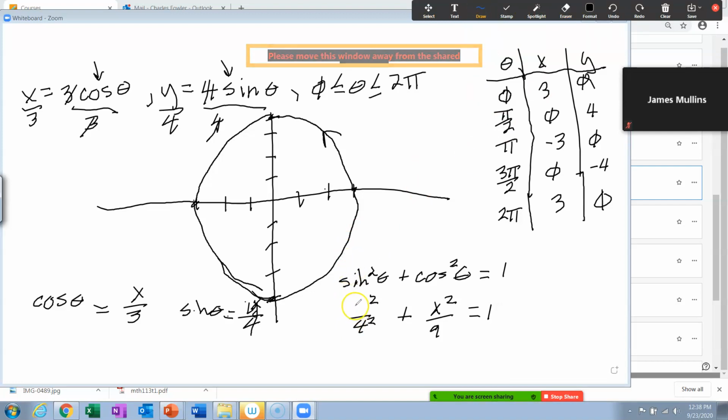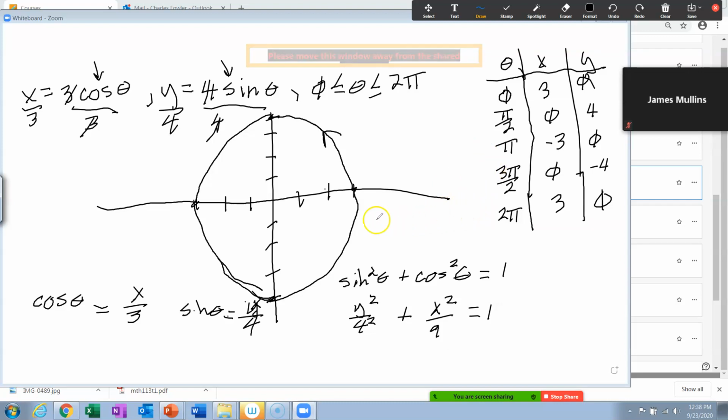Okay, so this is y squared over 4 plus, okay, so that's y squared over 16 plus x squared over 9 is equal to 1. Well, what's the common denominator between 16 and 9? Boy, that's a tough one, isn't it? But actually we don't need to do that.